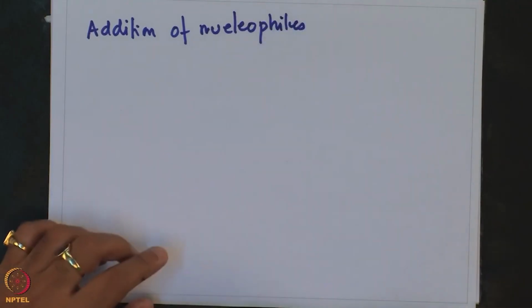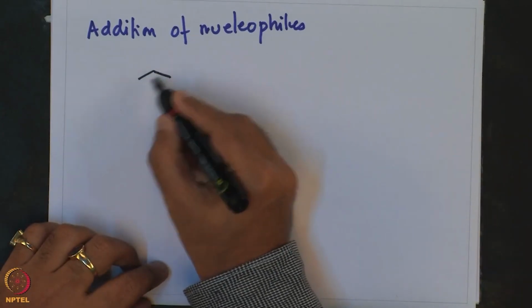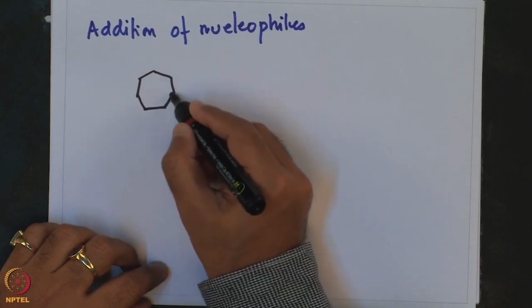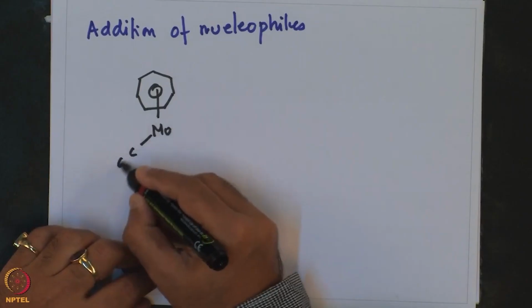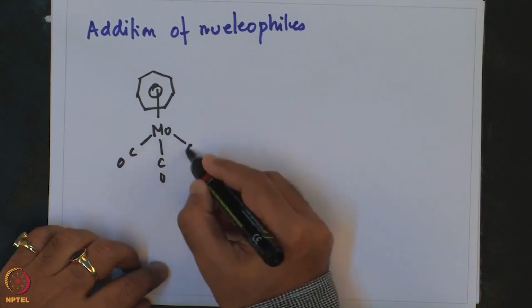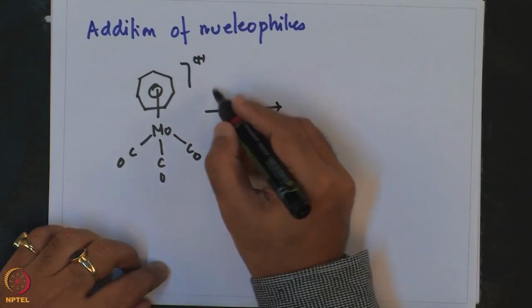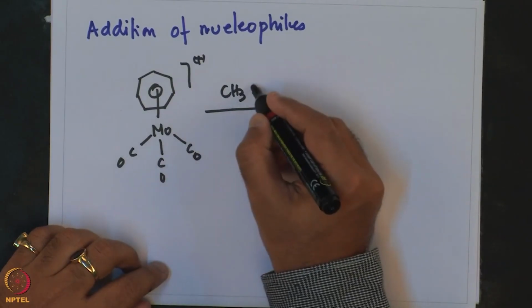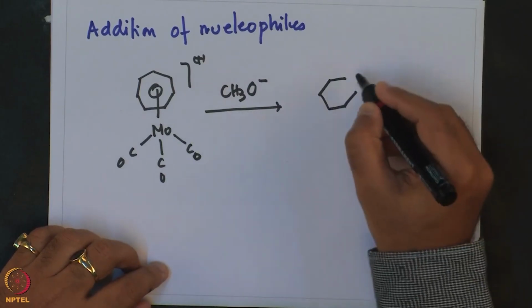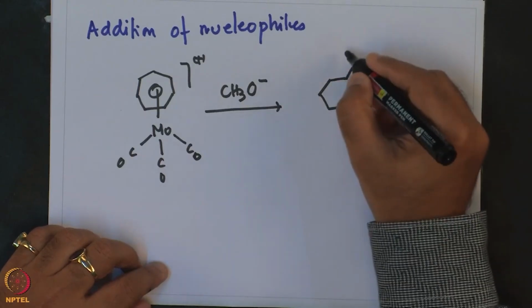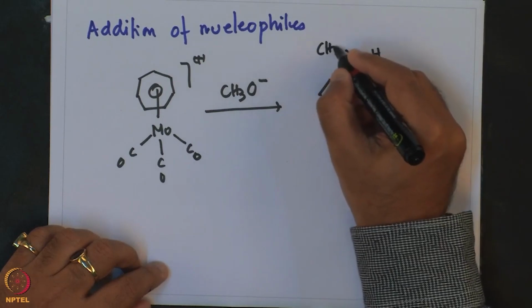Now, this is the cationic [C7H7]Mo(CO)3 plus complex, which reacts with methoxide, CH3O minus, giving this product.